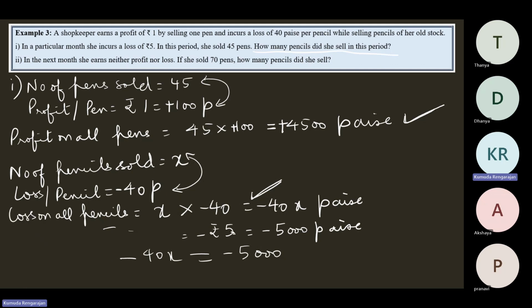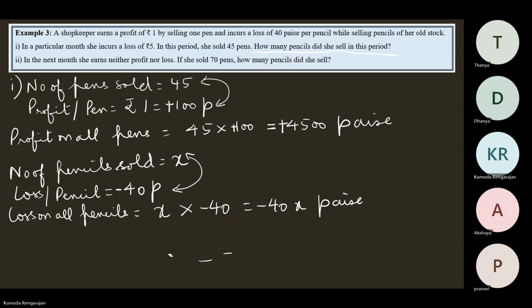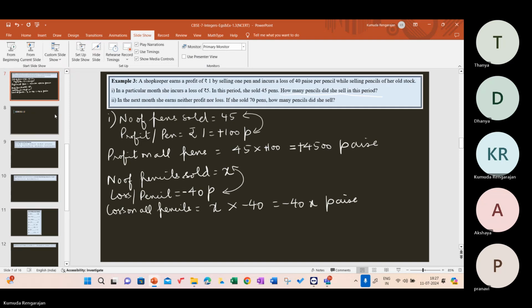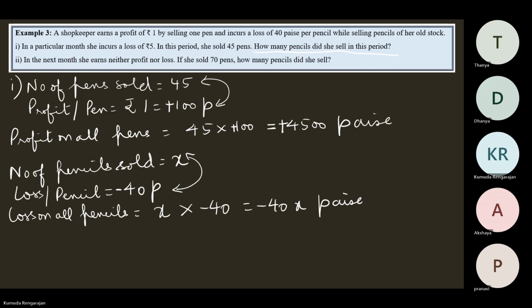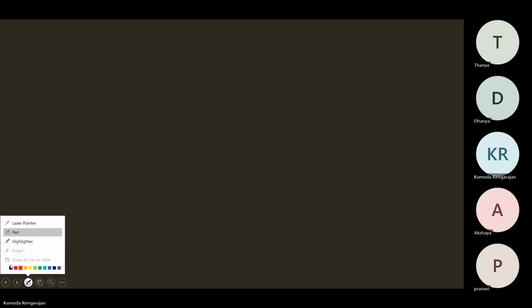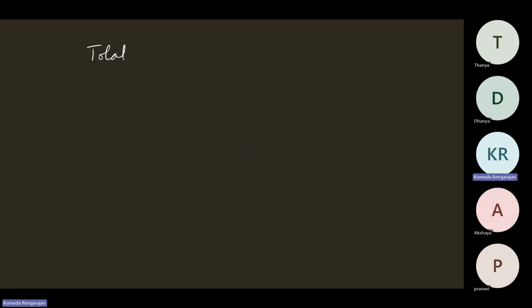I'll just write this on the next slide. So the total loss is equal to minus rupees 5, that is, minus 5,000 paise.